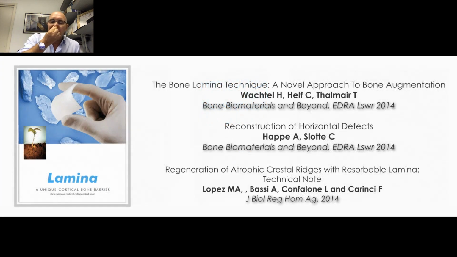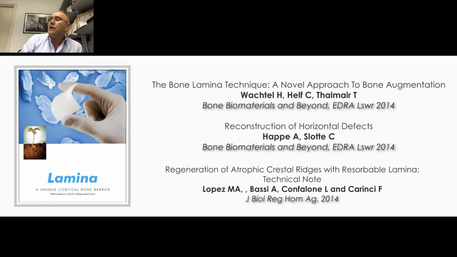So basically, the literature on the cortical lamina is growing. In the book that we published in 2014, Bone Biomaterials and Beyond, Hannes Wachtel and Tobias Stallmeyer had a chapter on it. Arnd Happe and Chris Lotte have another chapter talking about the lamina. And Michele Antonio Lopez also wrote about the lamina using the Curie technique.